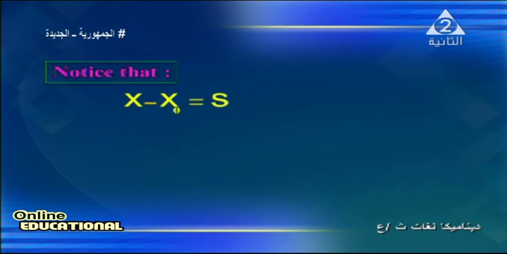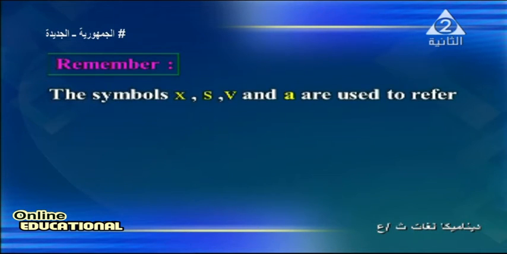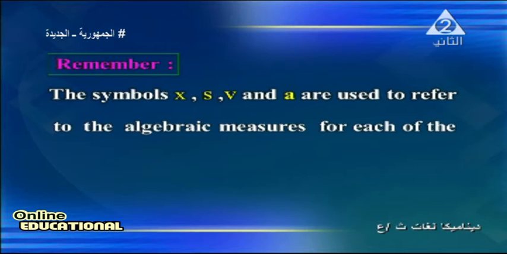And we know that x minus x naught equals the displacement s, then v squared equals v naught squared plus 2as.